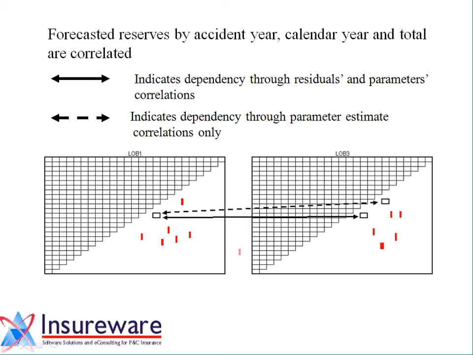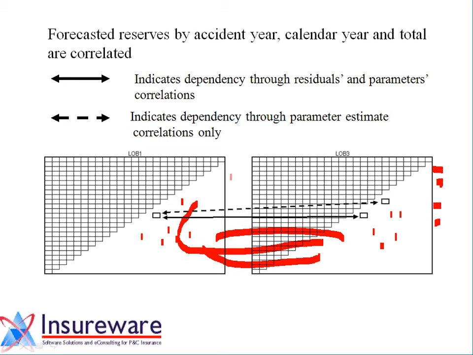But now that you've got process correlation and parameter correlation, there'll be also correlations between the cells, between the two triangles, between every two cells. These induce correlations between accident years here and accident years there, and they induce correlations between these calendar years and these corresponding calendar years, and they will induce correlations between the total reserve here and the total reserve there.